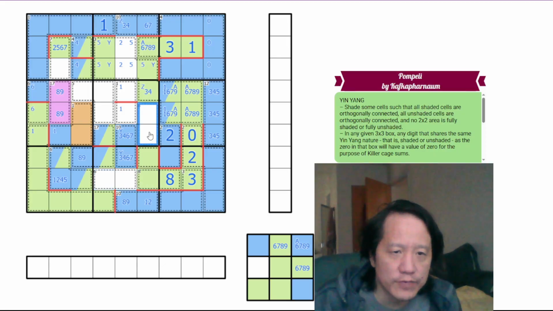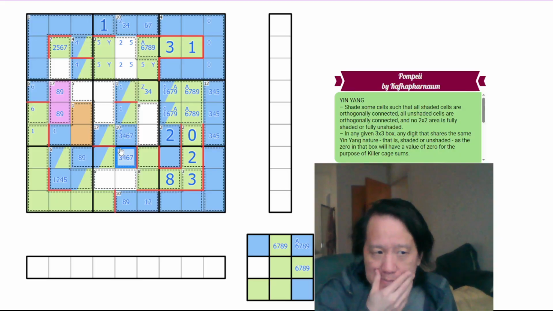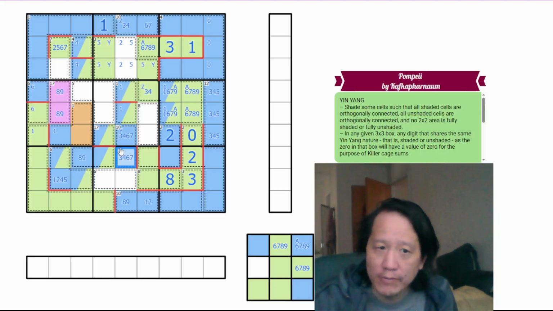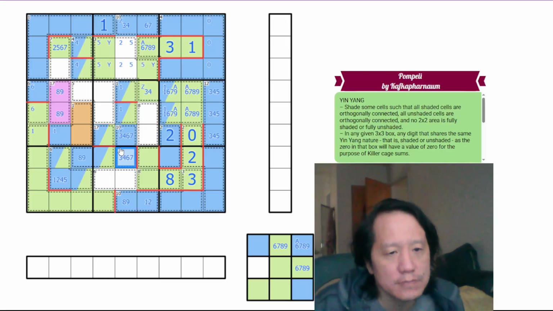At least one of these is... So this is a blue-green pair, obviously. Okay.